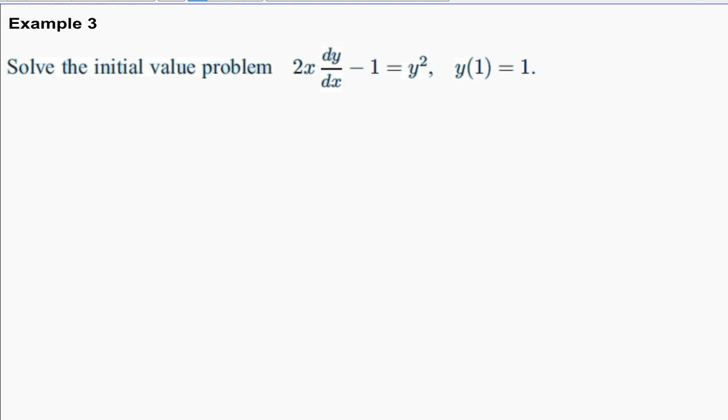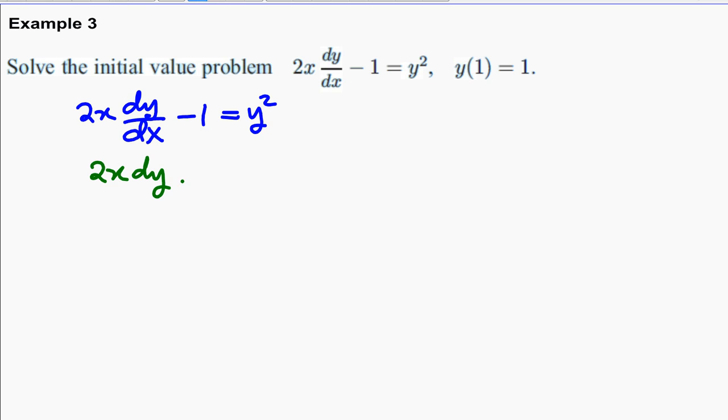In this question, we are required to solve this differential equation. So the first thing that we're going to do is to separate the variables. So we have 2x dy over dx minus 1 is equal to y squared. Maybe I can rearrange it.